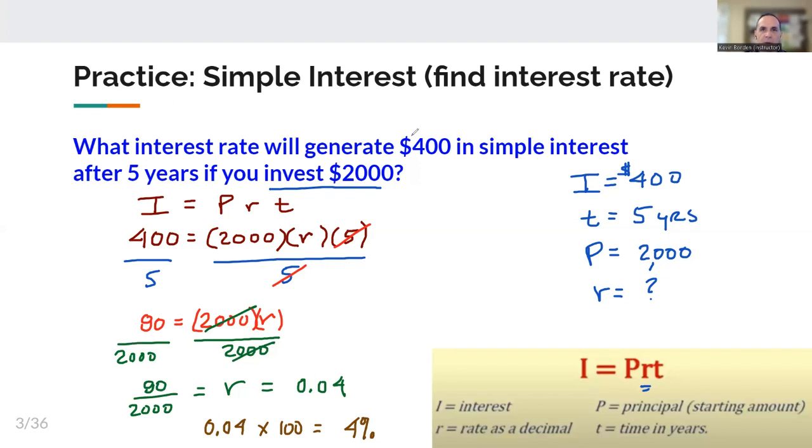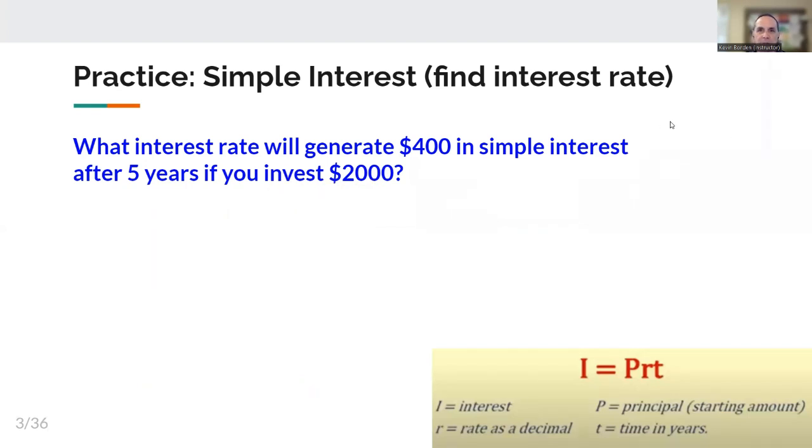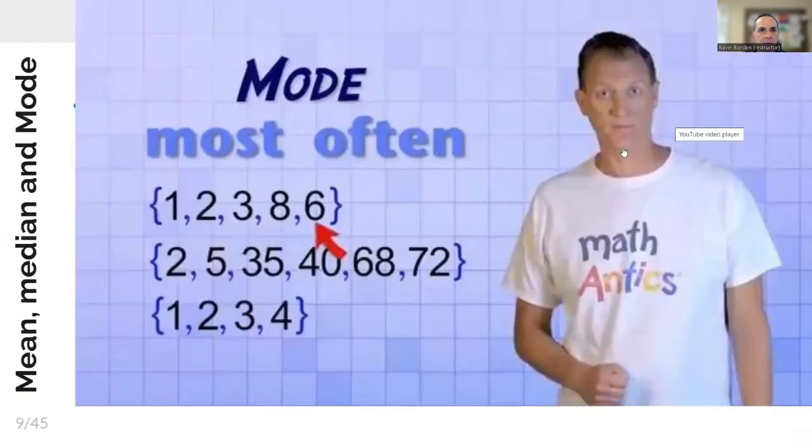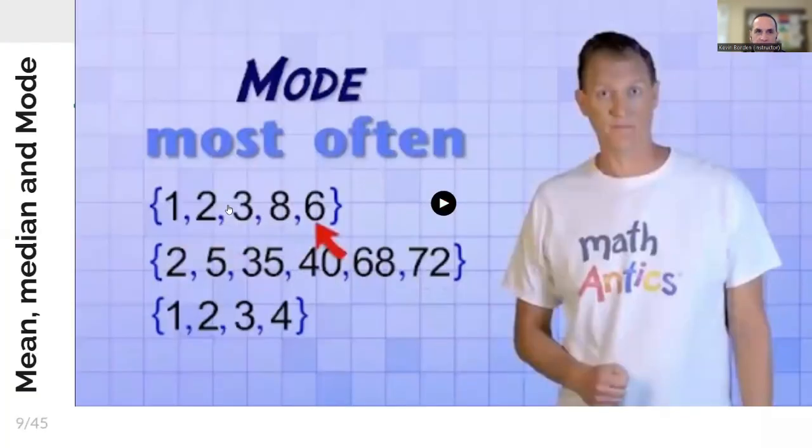What interest rate will generate $400 in simple interest after 5 years if you invest $2,000? 4% interest. Don't worry too much about that one if that feels complicated, but I wanted you to at least see one like that.